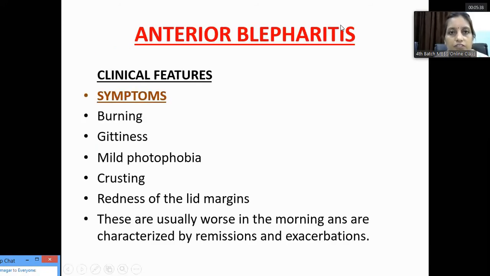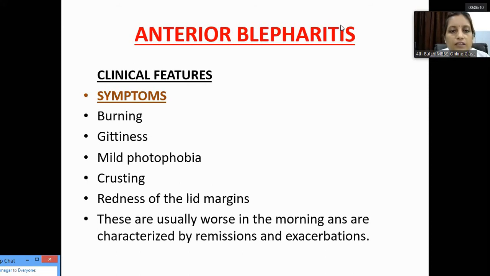So what are the features of anterior blepharitis? What do they complain of? They will complain of burning sensation, giddiness, mild photophobia, crusting, redness of the lid margins, and these are usually worse in the morning and are characterized by remissions and exacerbations. Sometimes the patient will have a similar history in the past, it subsided and now it has come again.